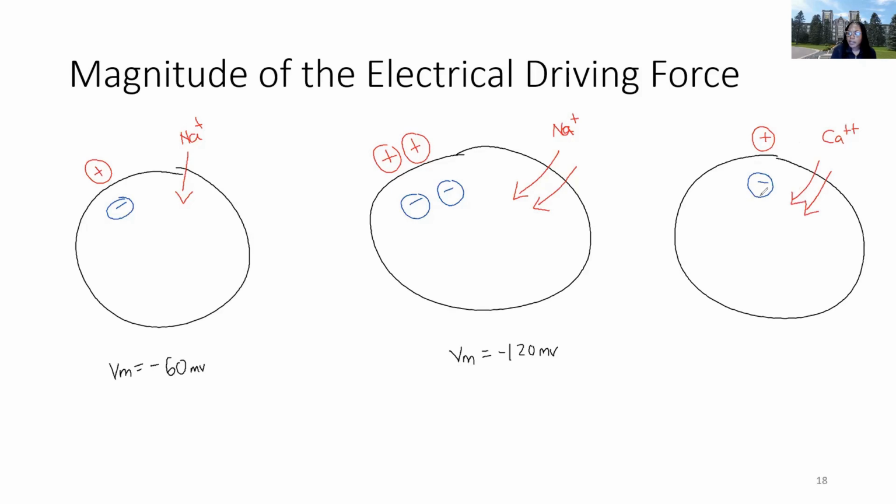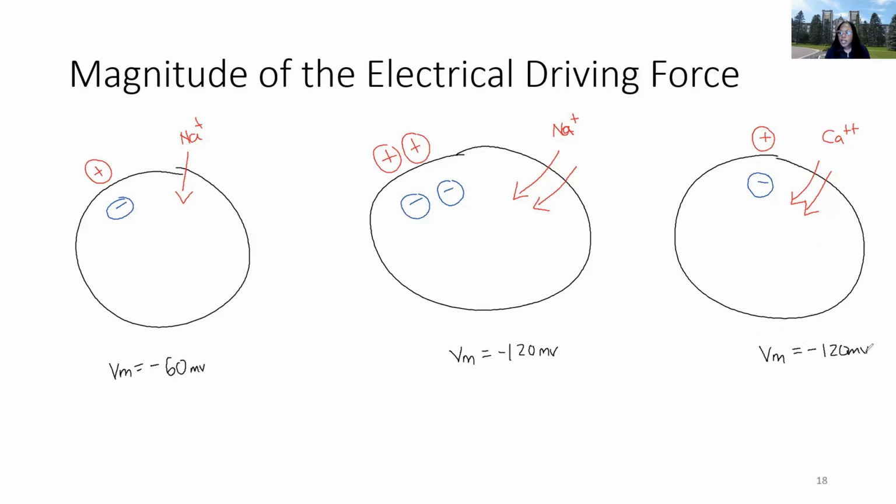Still trying to get to the negative environment. And the strength with which it wants to do so is going to be twice as much as an ion like sodium because it has twice the charge. So the VM, or the membrane potential, in this third scenario would also be 120 millivolts. All right. Let's pause here and see if we have questions.